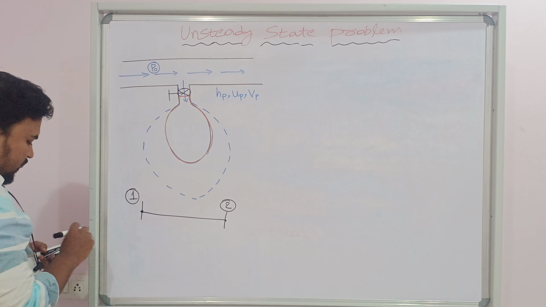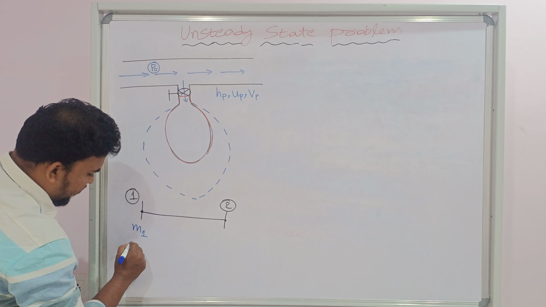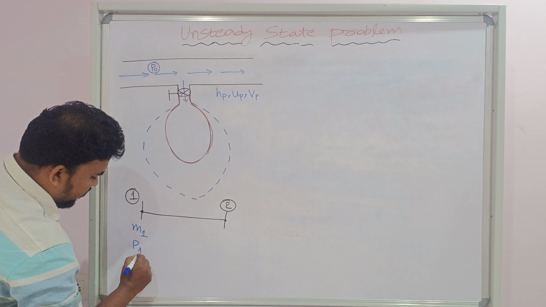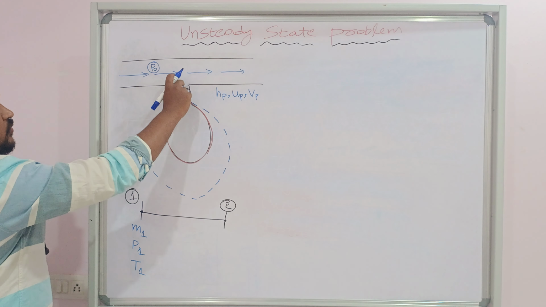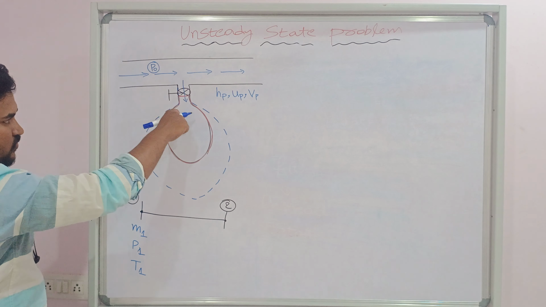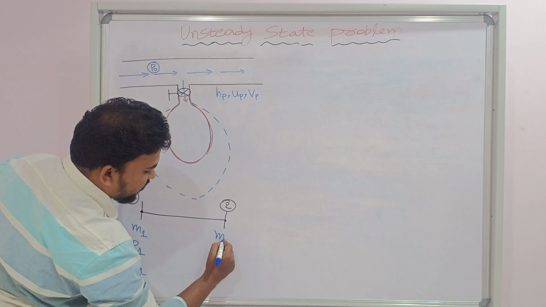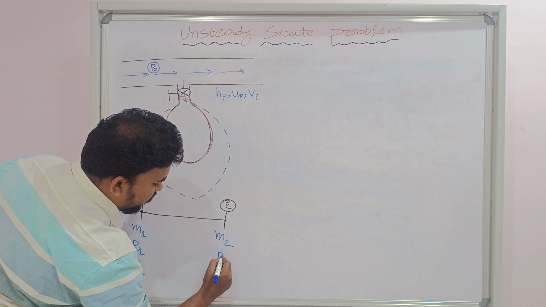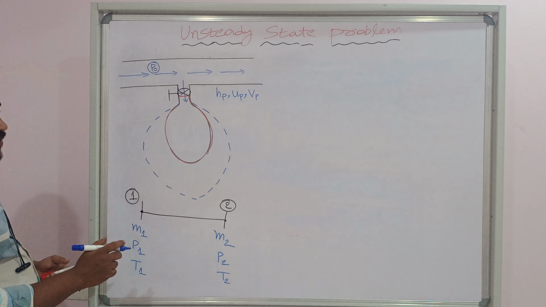So initially the system possesses some mass, some pressure, some temperature. After releasing the valve, the mass is entering into the system, so that it will go to some other state, means M2, P2, T2. Correct, right? The event is occurring in what time?